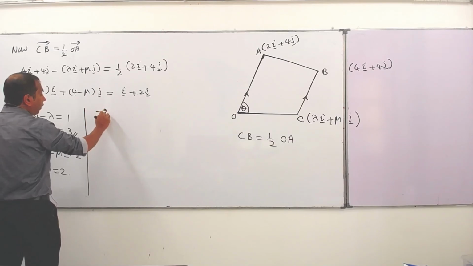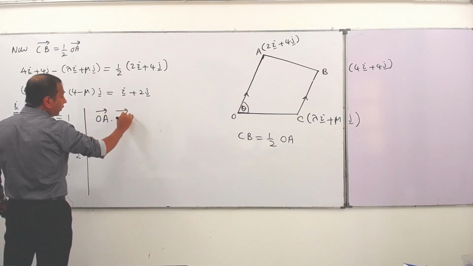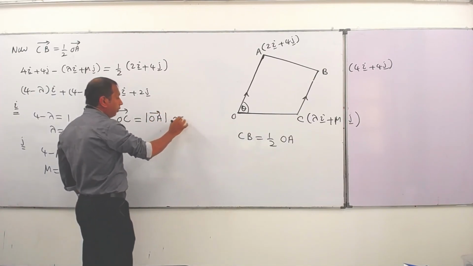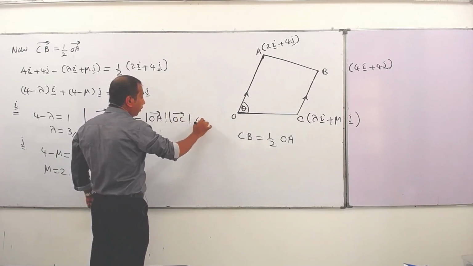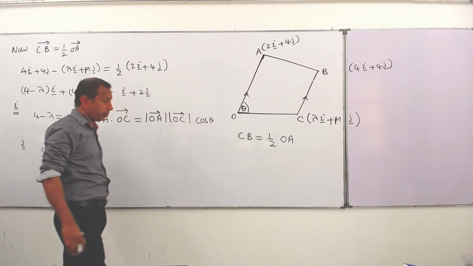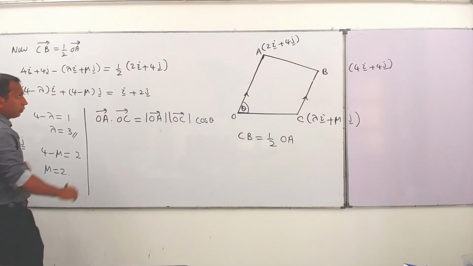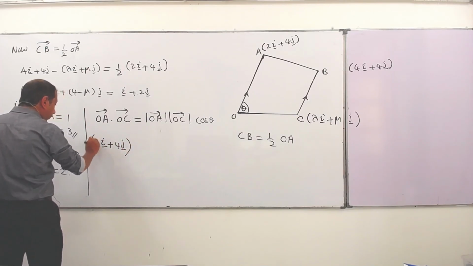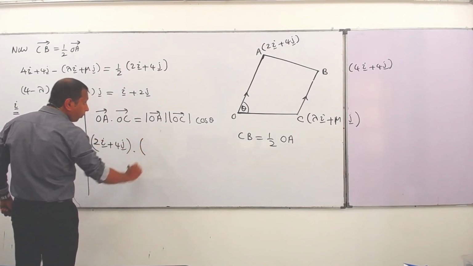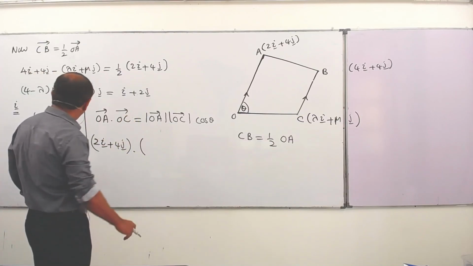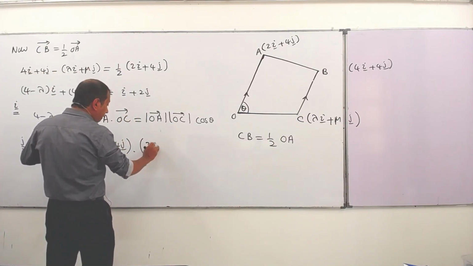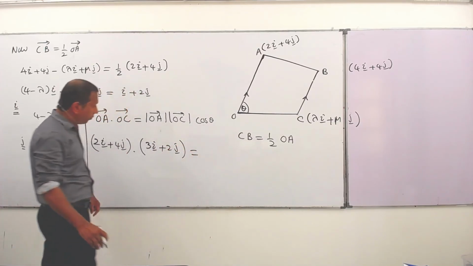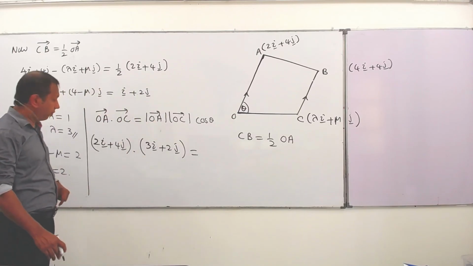OA vector dot OC vector we can write as OA vector modulus into OC vector modulus into cos theta. OA vector is 2i plus 4j, OC vector is lambda i plus mu j, that is 3i plus 2j, equals OA modulus.